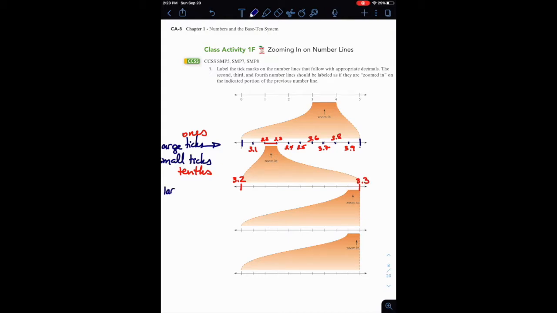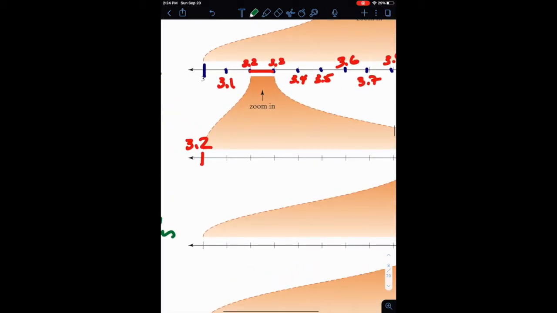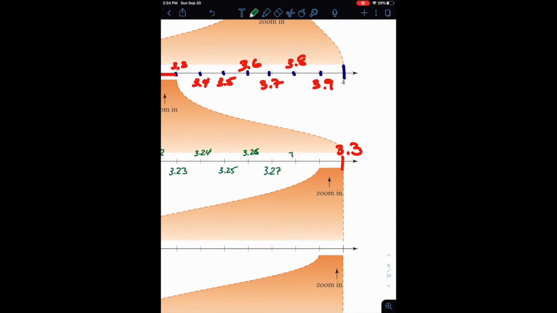So the large ticks and the small ticks actually mean different things. The large ticks in this number line are tenths and the small ticks are hundredths. So for example, if we zoomed in, this would be 3 wholes, 2/10 and 1/100. 3 wholes, 2/10 and 2/100. 3 wholes, 2/10 and 3/100. 4/100, 5/100, 6/100, 7/100, 8/100, 9/100.